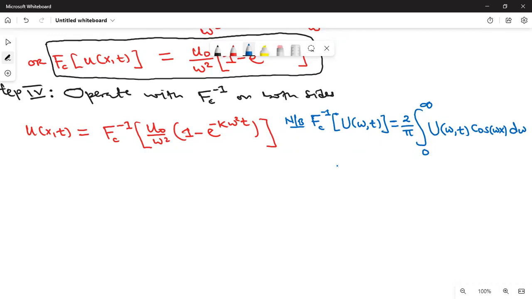And that will give you a function of x and t.